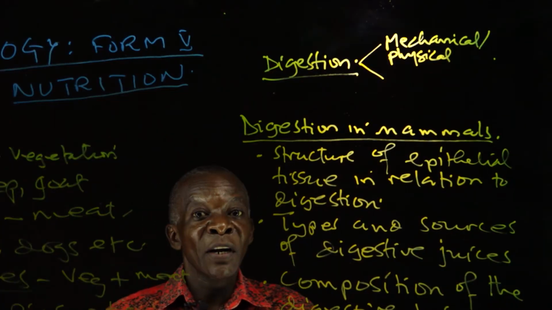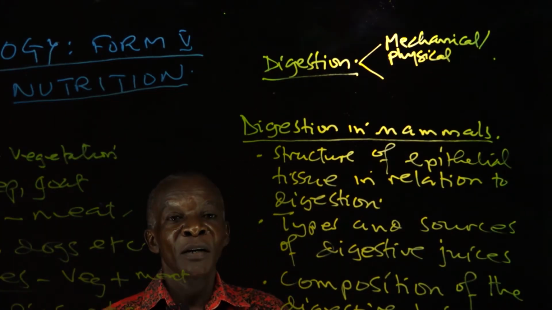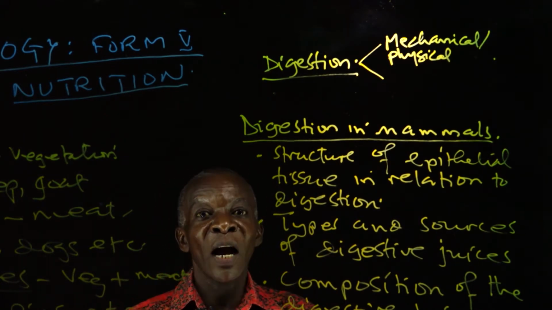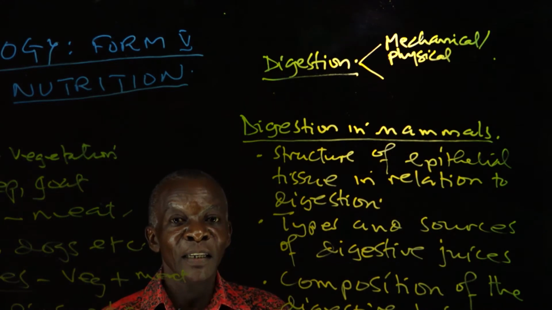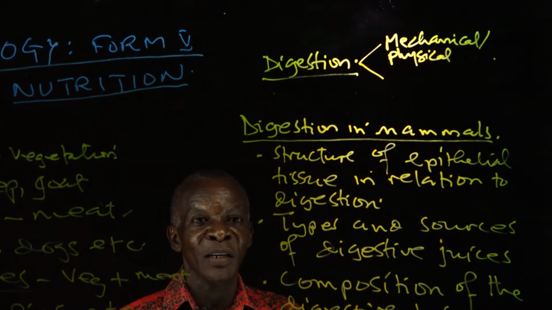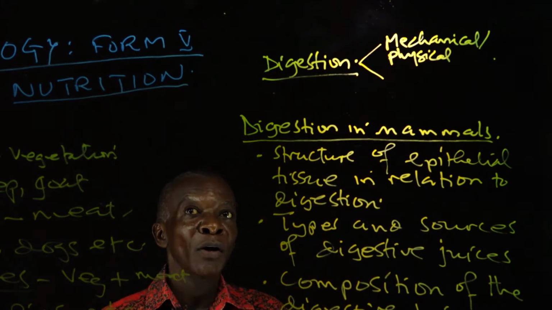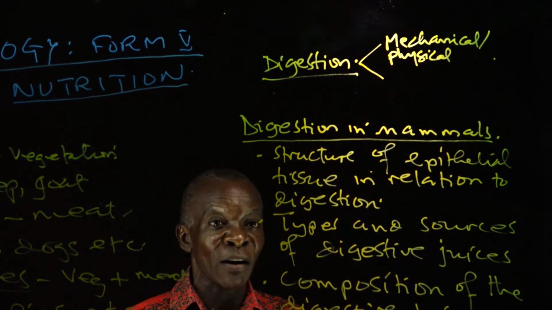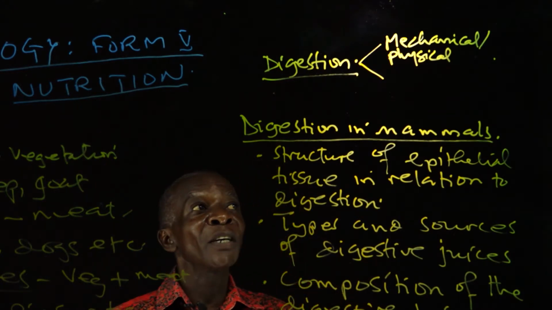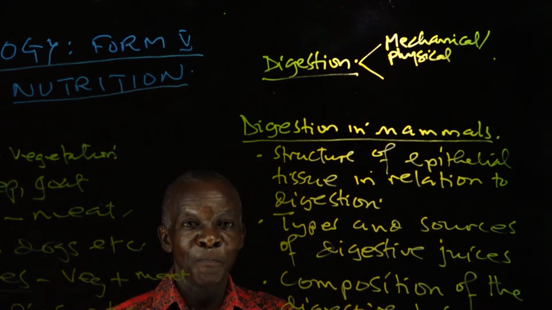This is a type of digestion in which the food materials, the food particles, are broken down physically. They are broken down mechanically without altering the chemical composition, the chemical nature of the food itself. For example, we have the action of teeth on food.